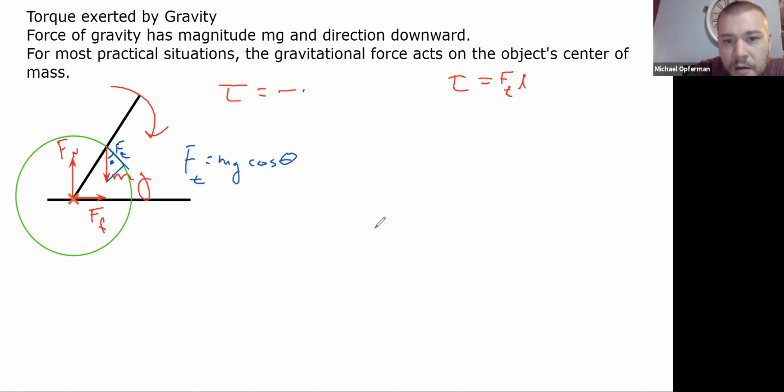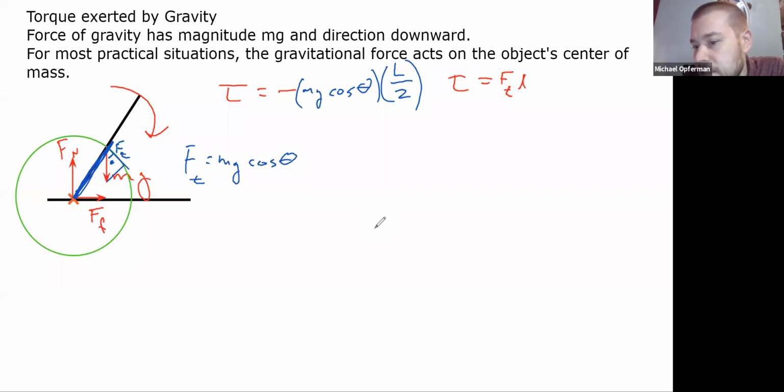So you would put up here mg cosine theta. And then you also need L in there. Remember, L is the distance from the axis to where the force is acting. So that would be the length of the pen divided by 2 in this case, because gravity acts on the middle of the pen. And that's how you would calculate the torque done by the gravitational force.